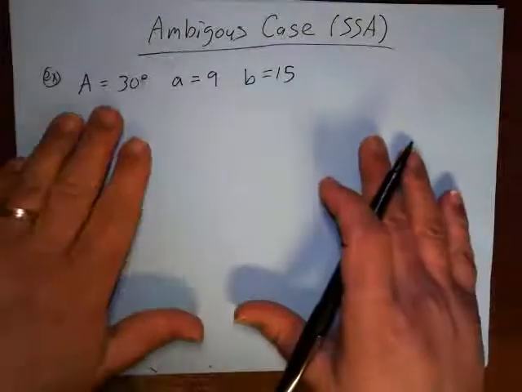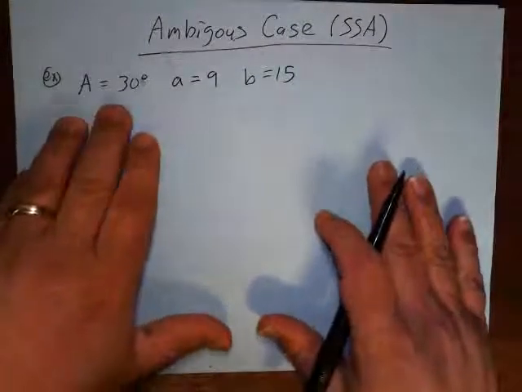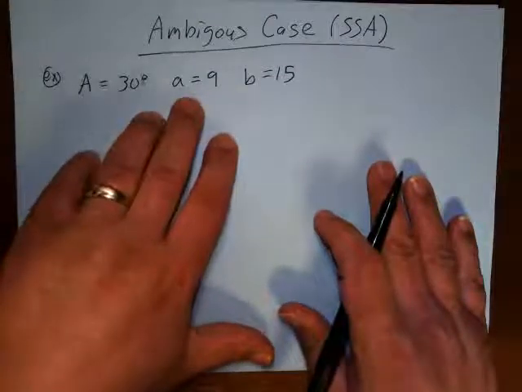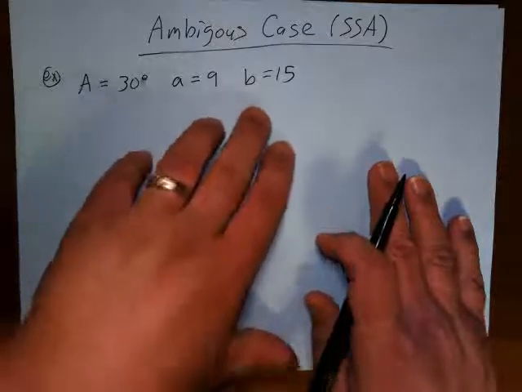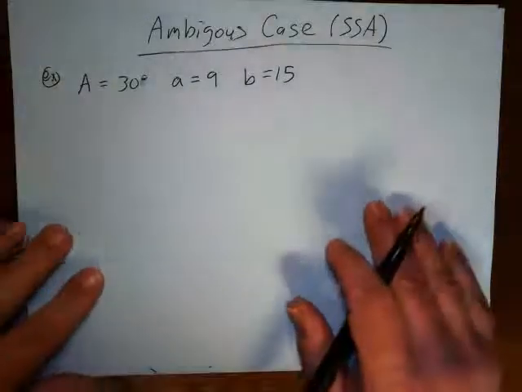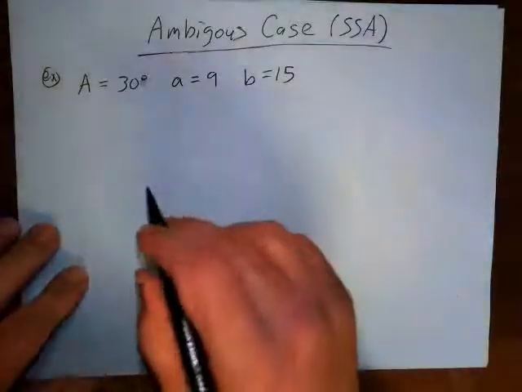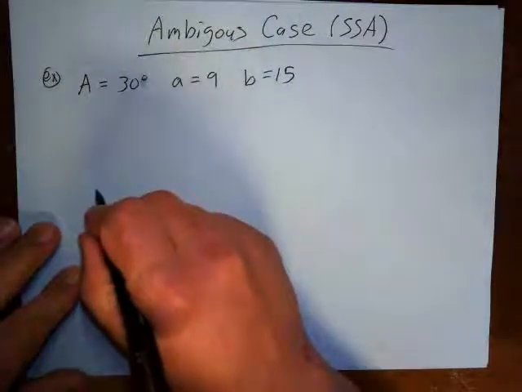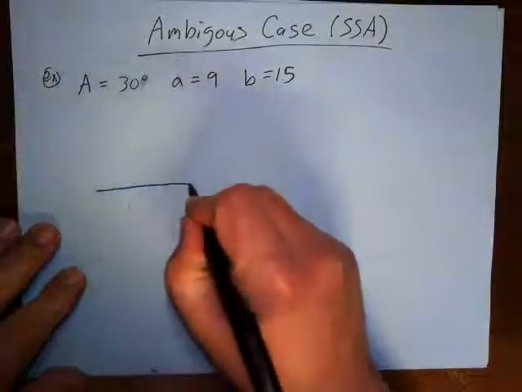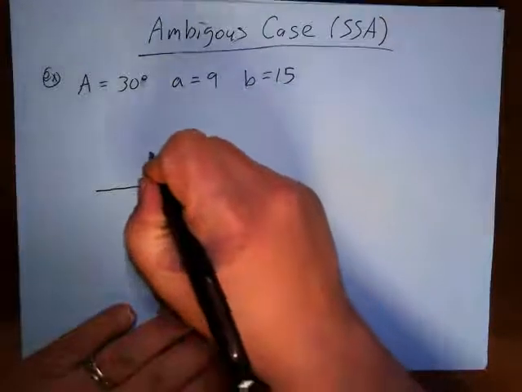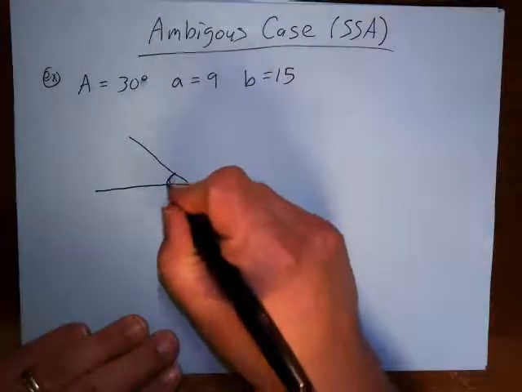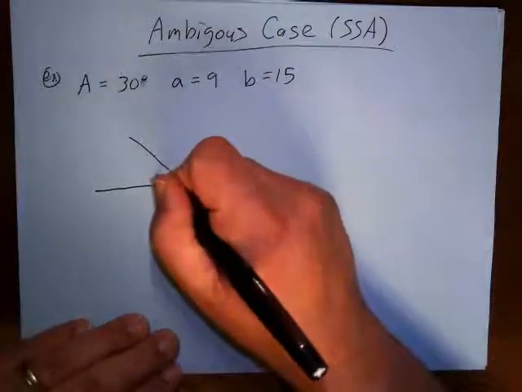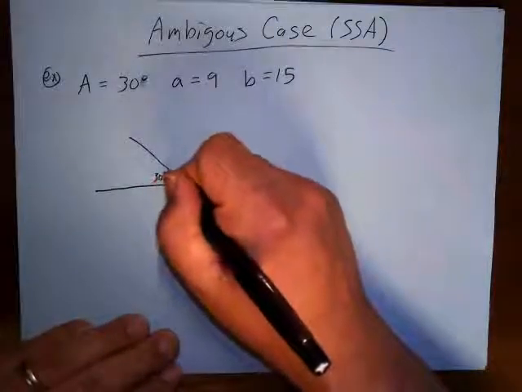Let's say I have an angle. We'll call it angle A is 30 degrees, and then side a, the side opposite this angle, is 9, and this other side b is 15. So I'm going to draw a 30-degree angle like this. We'll say this is 30 degrees.